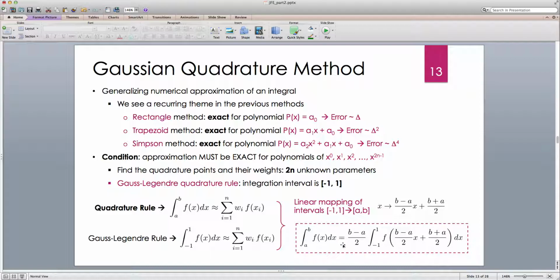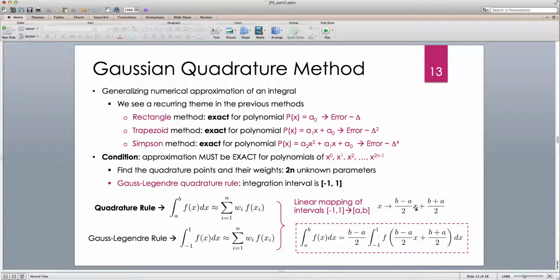And then what if I want to actually calculate the integral from a to b? We can use a linear mapping from -1 to 1 to any interval a to b. So if x is in the -1 to 1 interval, I can map it to any point in [a, b] using a uniform mapping: (b minus a)/2 times x plus (b plus a)/2.